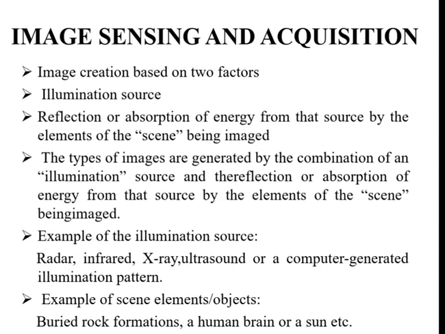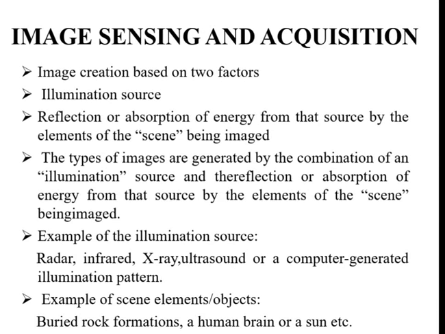The next topic is image sensing and acquisition. What is meant by image sensing and image acquisition? Images are created based on two factors: the illumination source, and the reflection or absorption of energy from the source by the elements of the scene being imaged. These types of images are generated by the combination of an illumination source and the reflection or absorption of energy from that source by the elements of the scene being imaged.